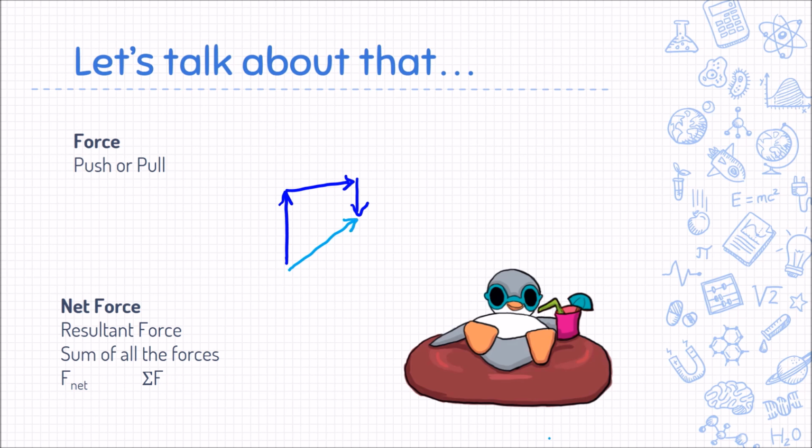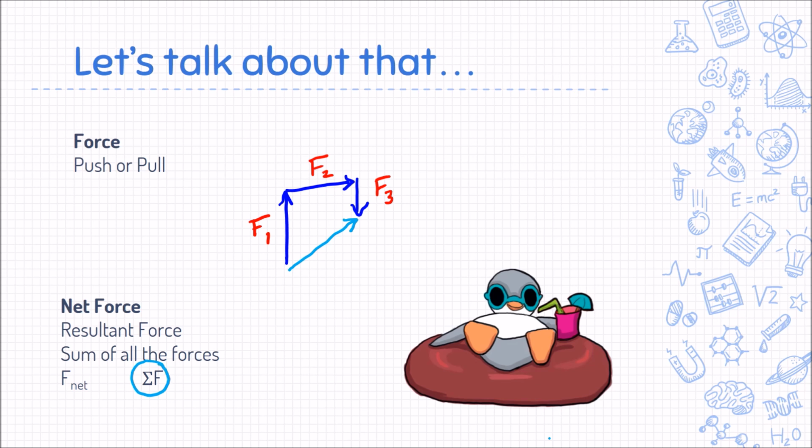So if we have, say, several forces, F1, F2, F3, then our net force is that light blue arrow in between. And there's two different ways to write net force that are commonly seen. One is F with a subscript net, and the other is with a sigma F.